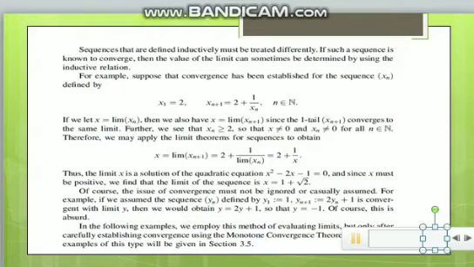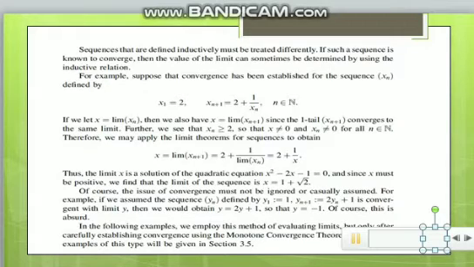Further, we see that Xn is greater than or equal to 2, so that x is not equal to 0 and Xn is not equal to 0 for all n in N. Therefore, we may apply the limit theorems for sequences to obtain x equal to the limit of Xn+1 equal to 2 plus 1 over the limit of Xn, equal to 2 plus 1 over x.